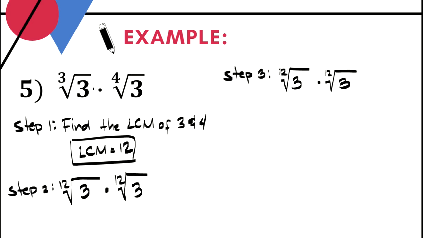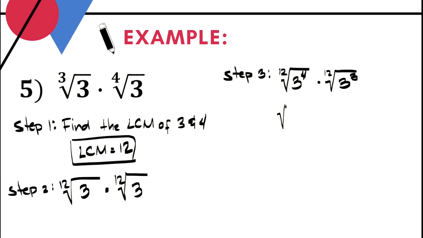Find the number that you will need to multiply to the original index to get the LCM. From the original index 3 to get 12, we will multiply 3 by 4. So 4 will become the exponent of our radicand 3. In the second expression, the original index is 4, and to get the LCM 12, we will multiply 4 by 3, and 3 will become the exponent of the radicand 3.